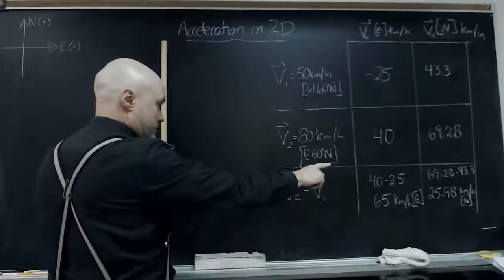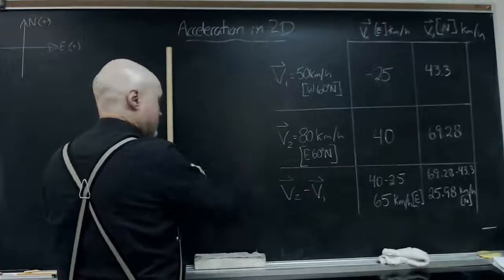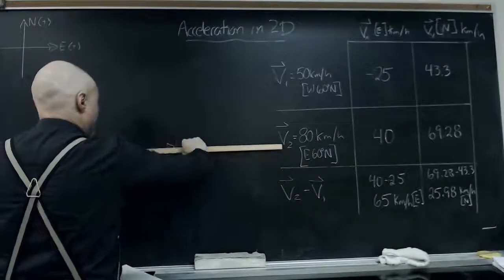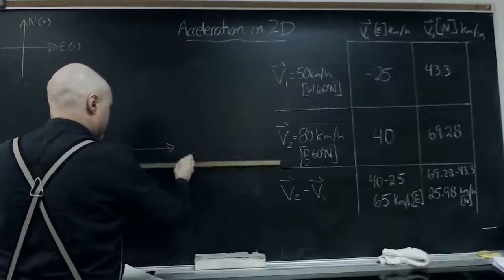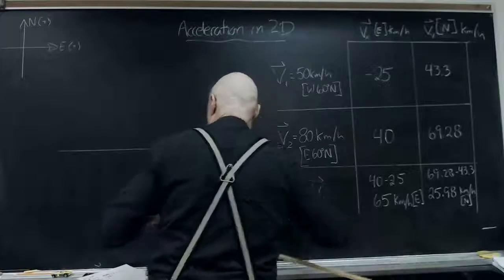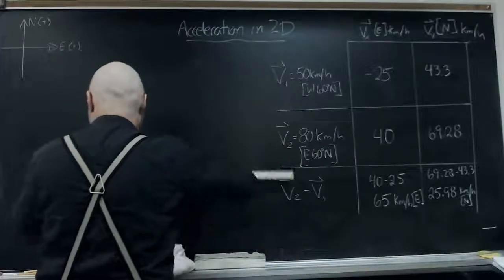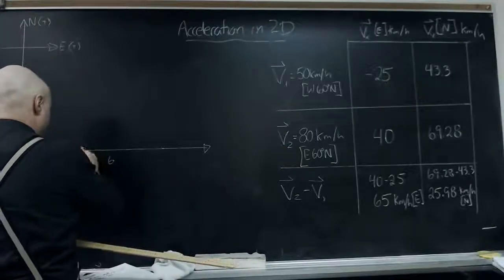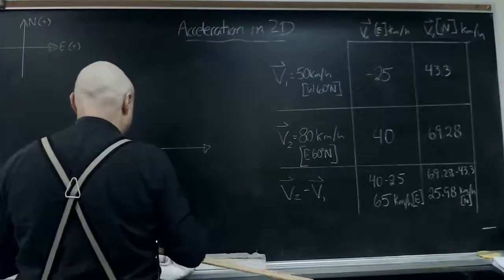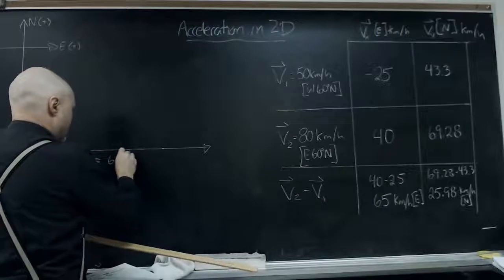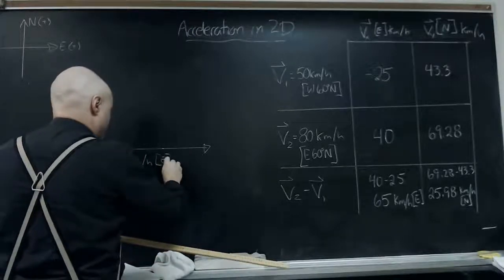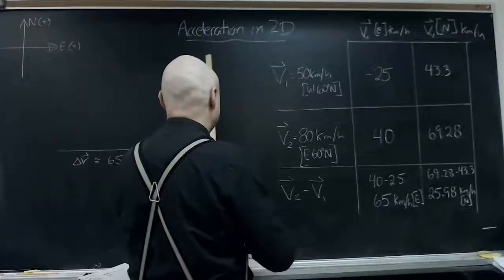And that is V2 minus V1. So that's 65. And this is 26.